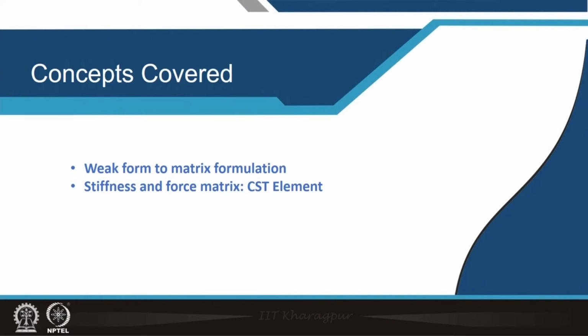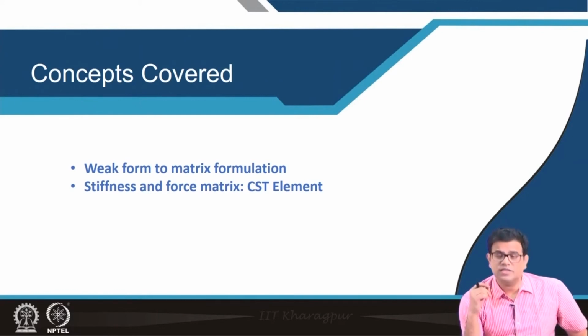We have also studied the variational formulation, that is, the energy variation. I have given you those equations, and in this lecture we go from the weak form to the matrix form.